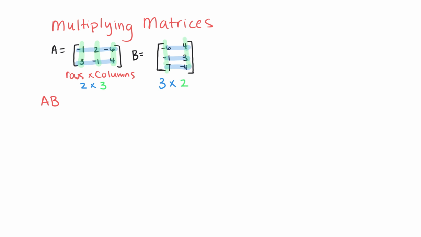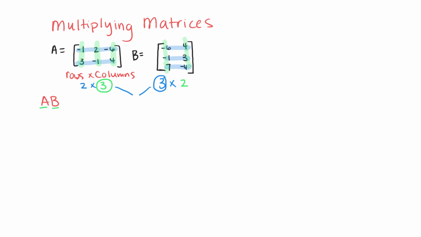When you multiply, you want to check the order. So we're taking A and multiplying it by B, so they're in the correct order. You need to check to make sure that the columns in the first matrix match the rows in the second matrix. And they do.